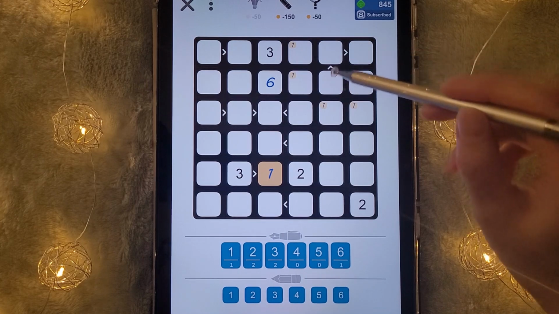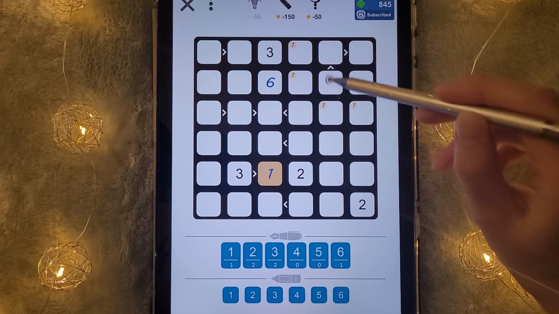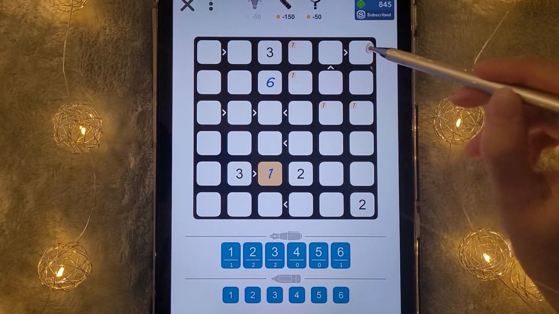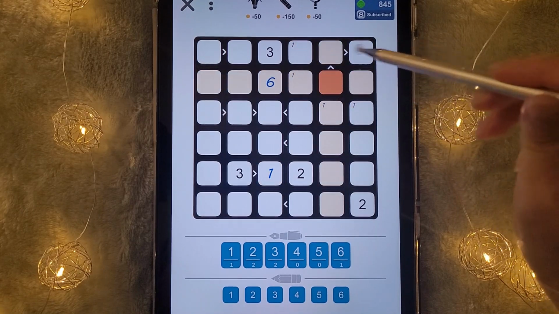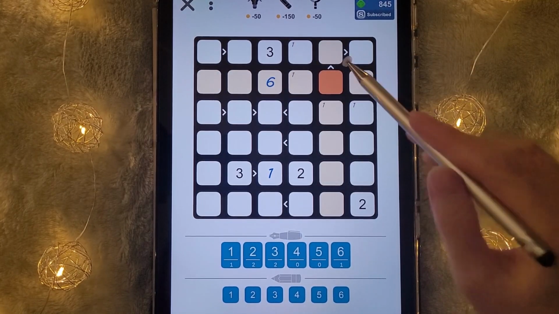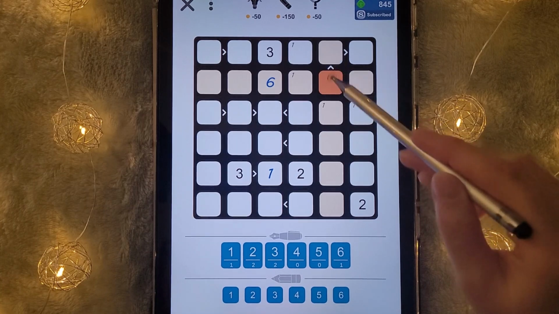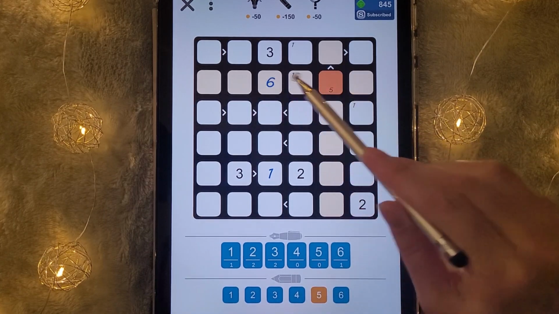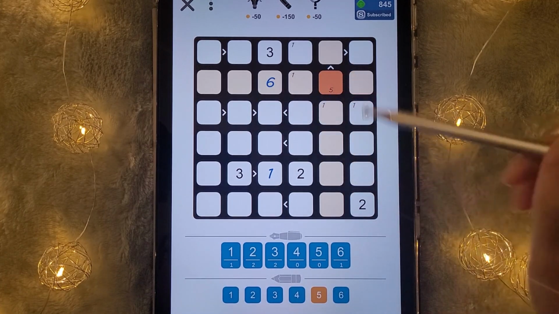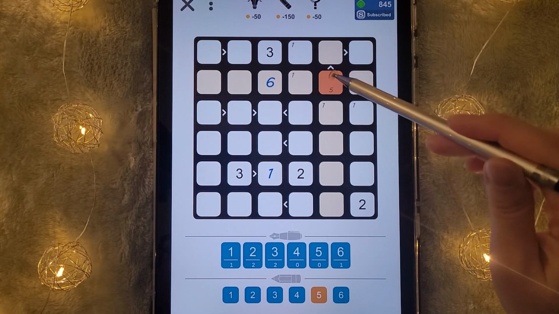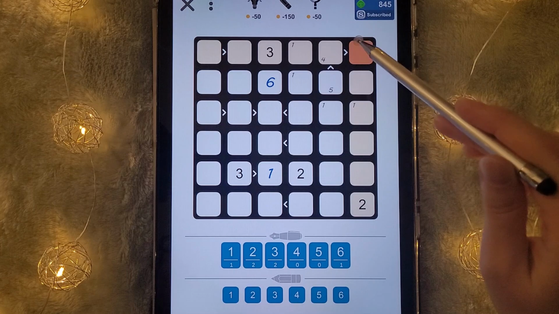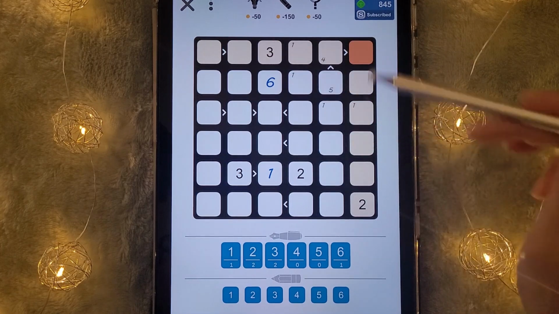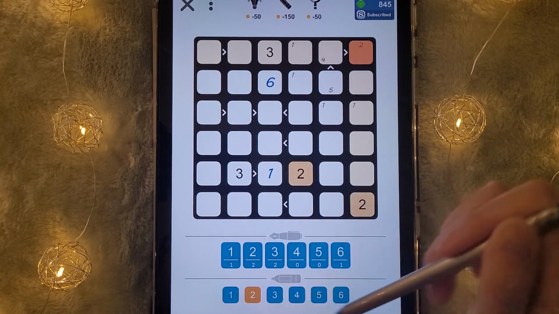I'm going to get a little bit convoluted here. So this is kind of a chain of 3, and I usually like to work this out for myself. I know that the highest number that can go here is a 5 because we already have a 6 in this row. And if the 5 was here, it would be a 4, and then there can't be a 3 here, so that would be a 2 or a 1.